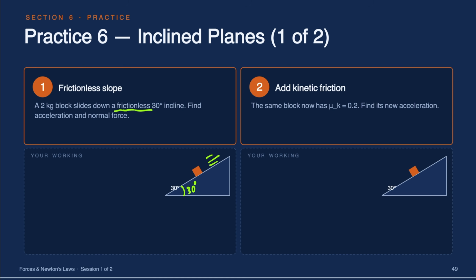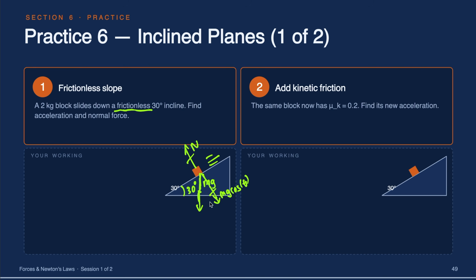So we know that we have gravity acting here, mg, right? And then we have normal force pulling this block up to match what force? mg cosine theta. And so these forces are going to cancel out.